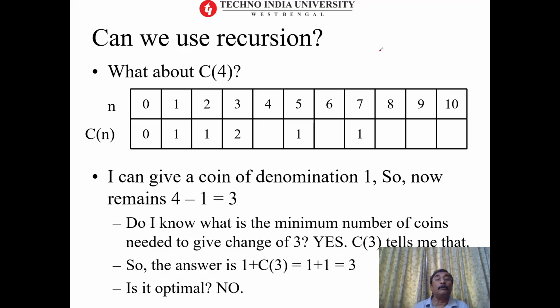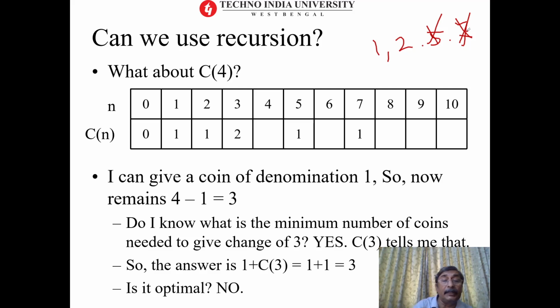Like, for example, what about C4? Now, in C4, again, I have 1, 2, 5, and 7. 5 and 7 are rejected because they are more than 4. Now, I may decide to give a coin of denomination 1, and I have now, therefore, 3 rupees to give change for.